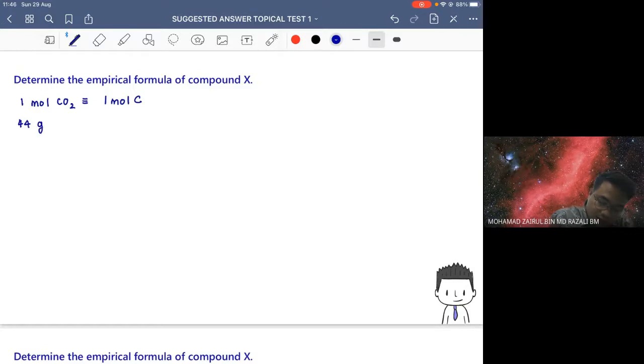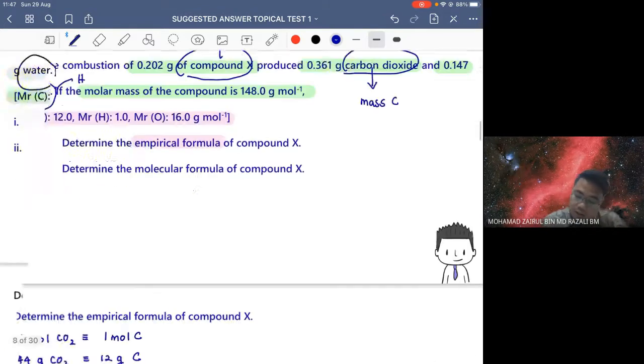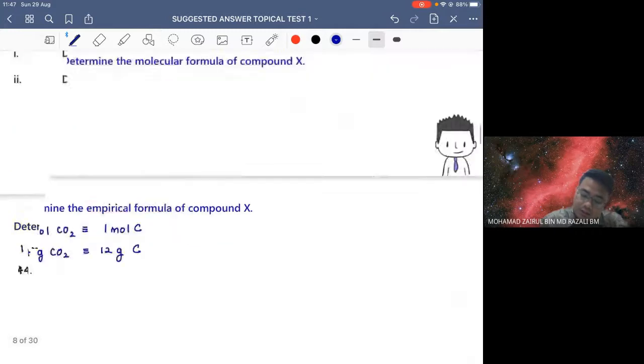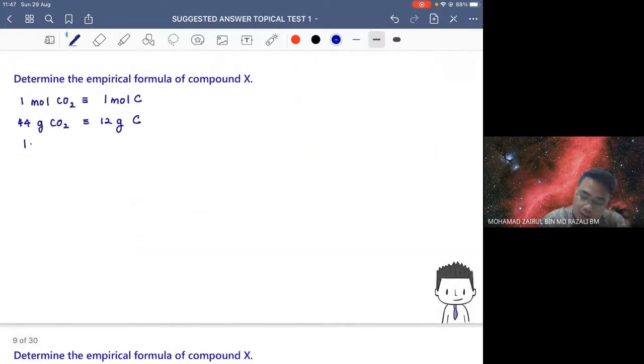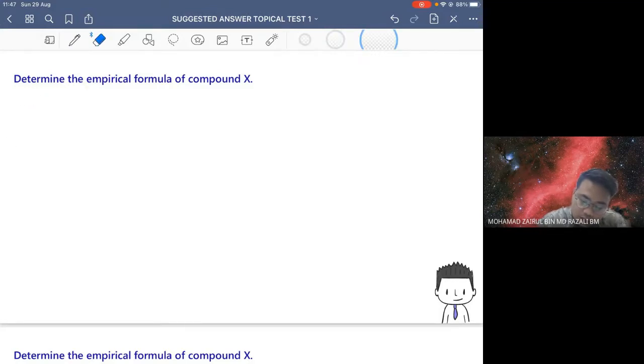44 gram CO2 is equivalent to 12 gram of carbon. However, given in the question, the mass of carbon dioxide is 0.361. So kita tengok balik.